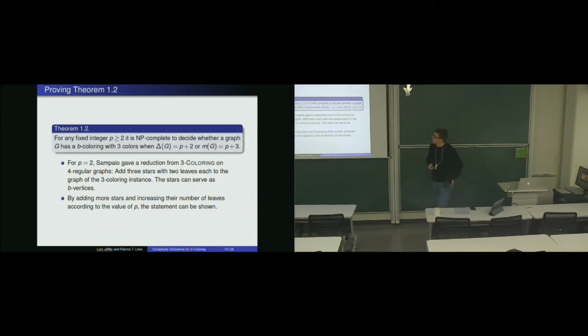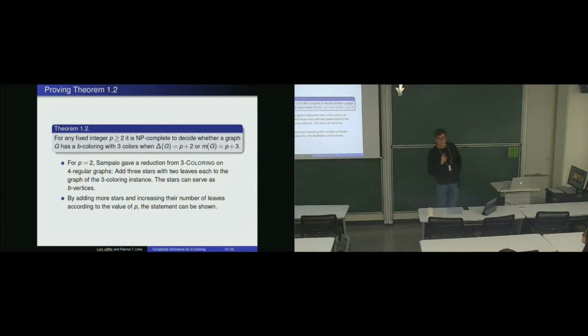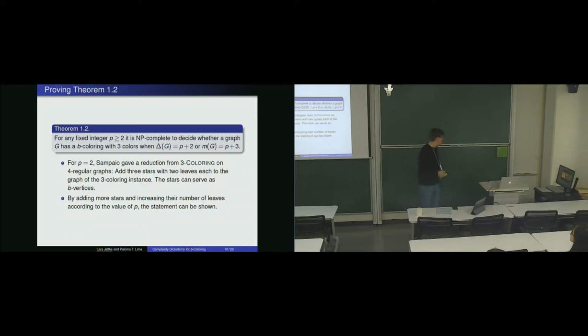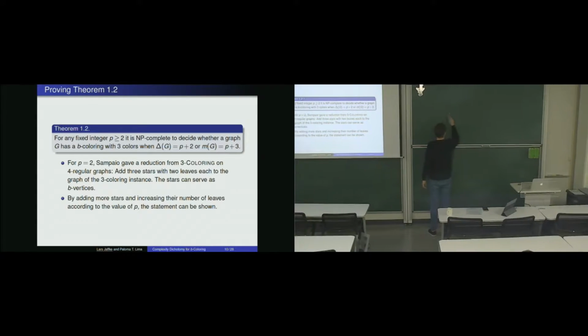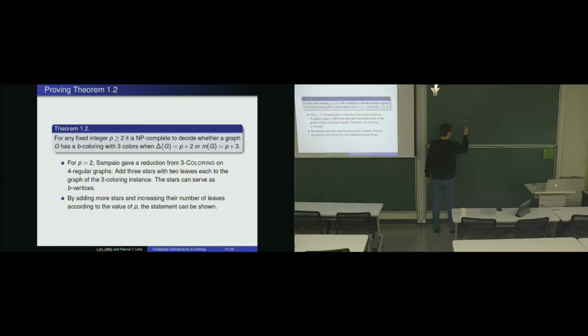Sorry, I didn't catch it. What is the role of the 3 stars? Maybe I can just draw something. We have our graph G, and then we add these 3 stars.